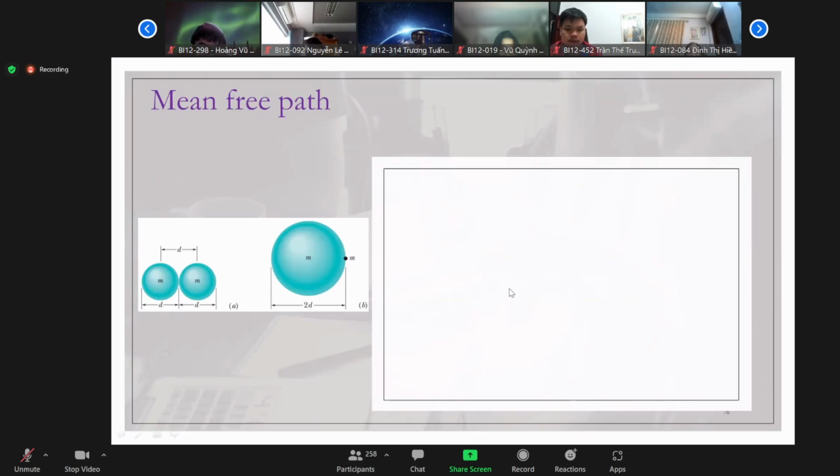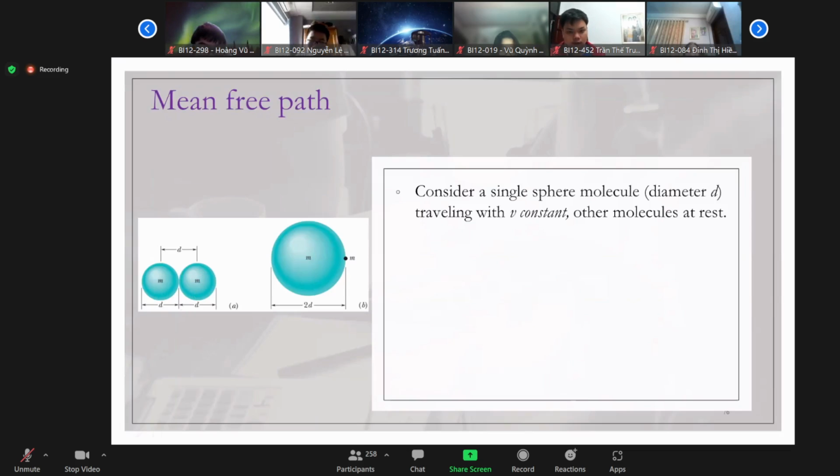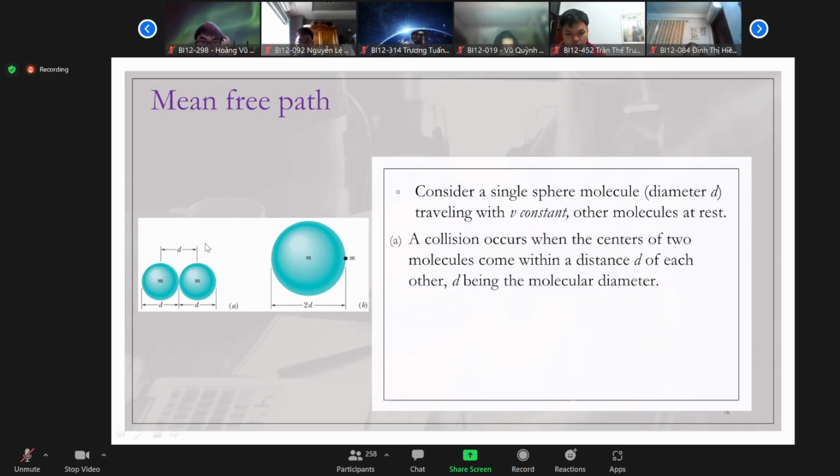There's a collision when the centers of the two molecules come within a distance d of each other, with d the molecular diameter. So please look at figure A. Like this, we have a collision.